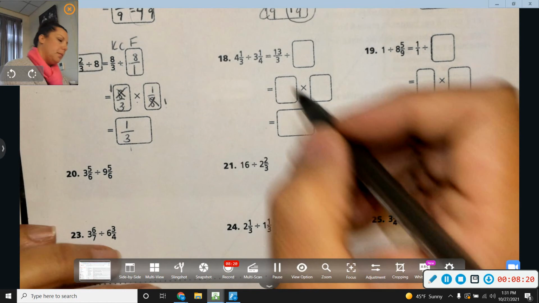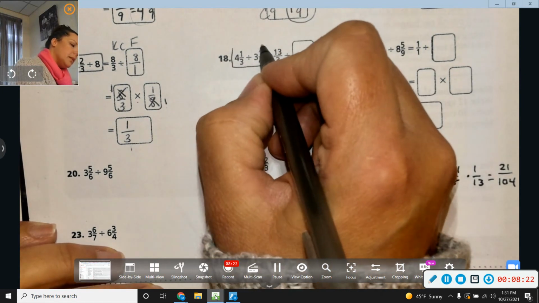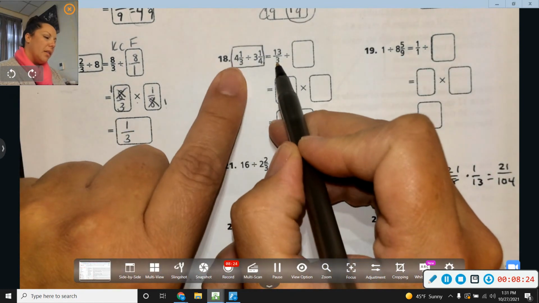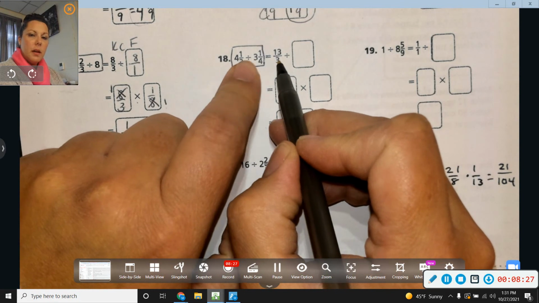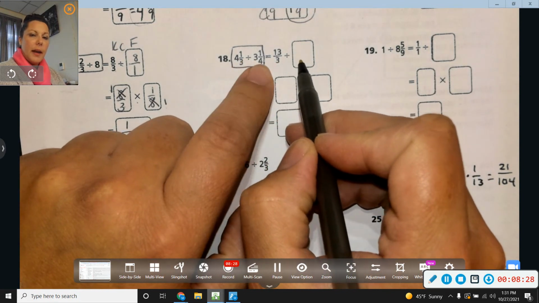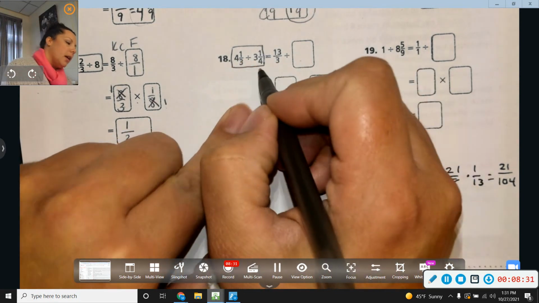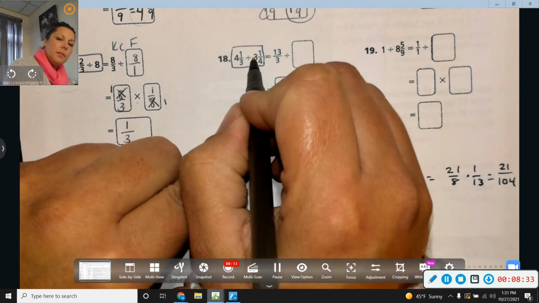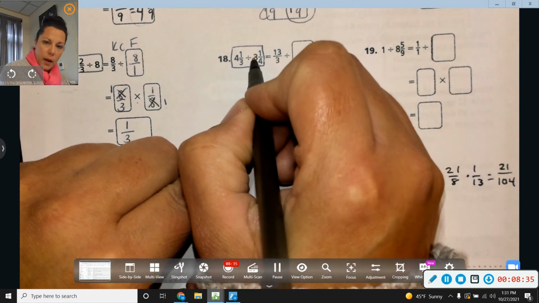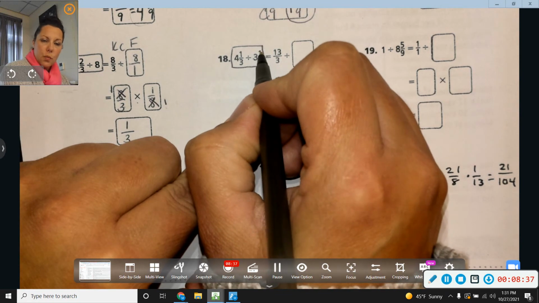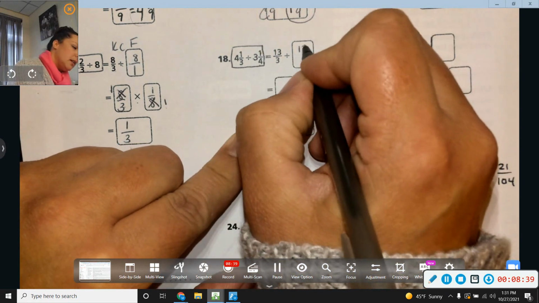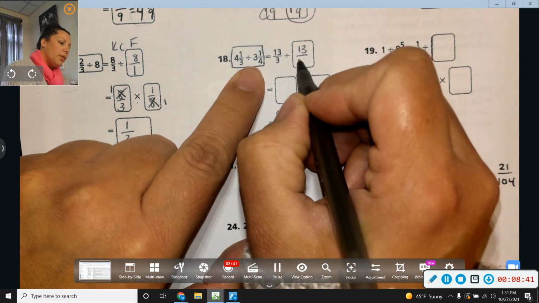Number 18. This is my problem. This one has been wheeled. I kept my divide. Now I have to wheel this one. So I say 4 times 3 is 12, plus 1 is 13, over 4.